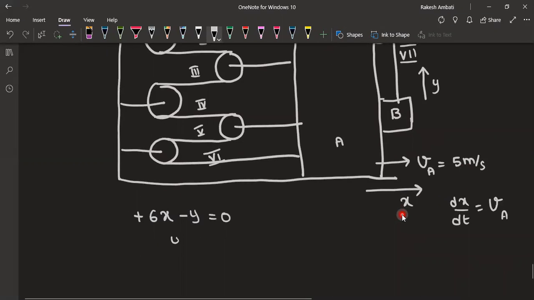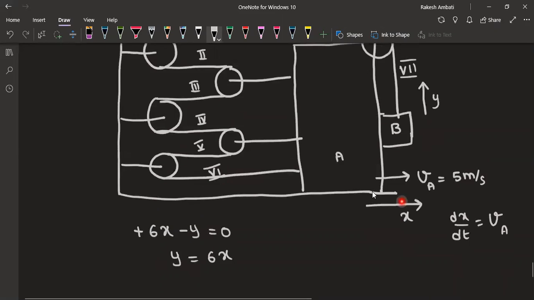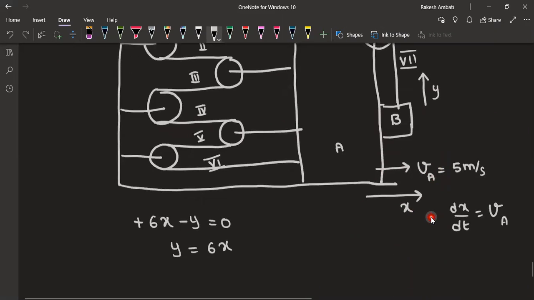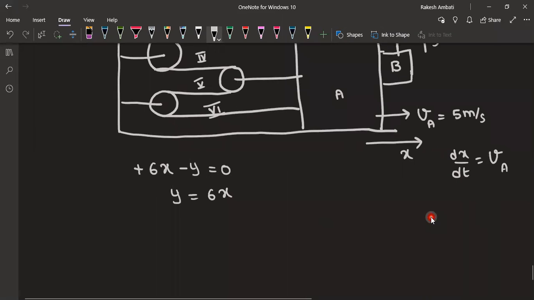From this equation, what have you taken as x? X is the distance traveled by this wedge, because this wedge is in motion now. So y equals 6x we got. Now differentiate: dy by dt equals 6 into dx by dt.